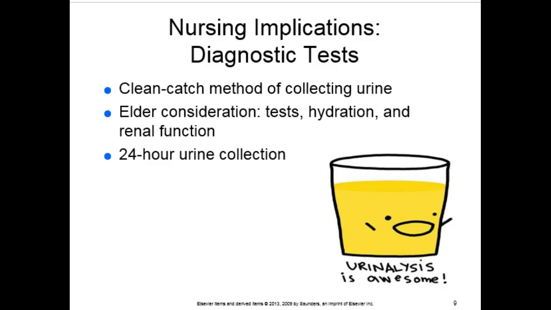With the aging kidney, so for the elderly, the aging kidney has less ability to concentrate urine, so this predisposes the patient to dehydration if fluid intake is restricted for diagnostic tests. Also, the contrast agents used for X-rays in conjunction with the dehydration can cause acute renal failure in your elderly patient.